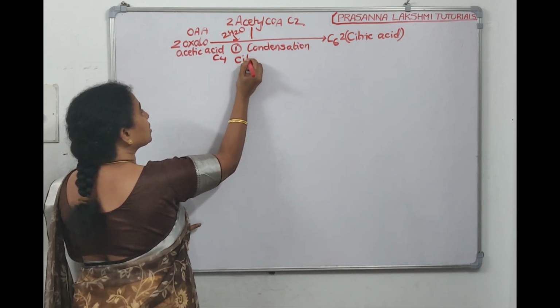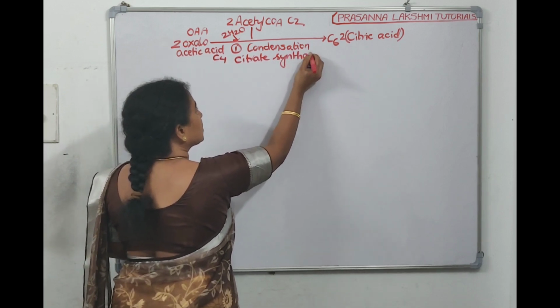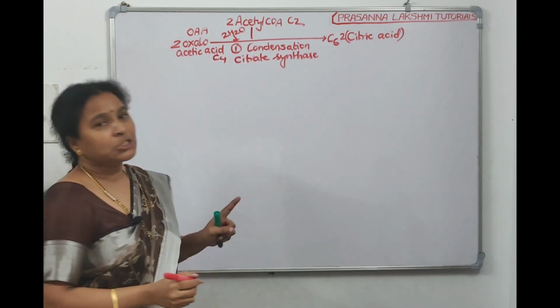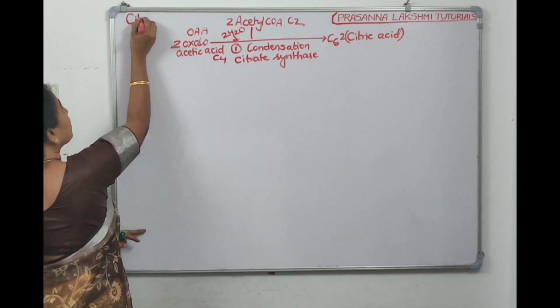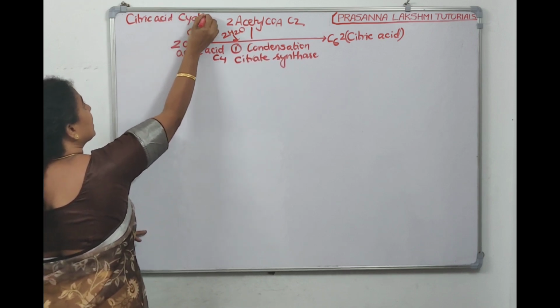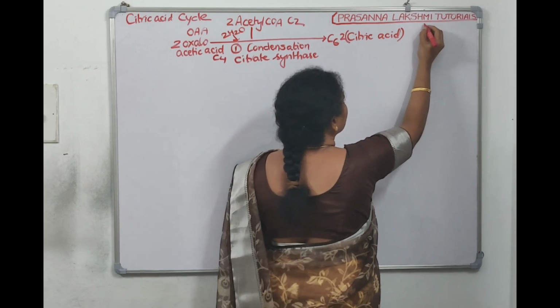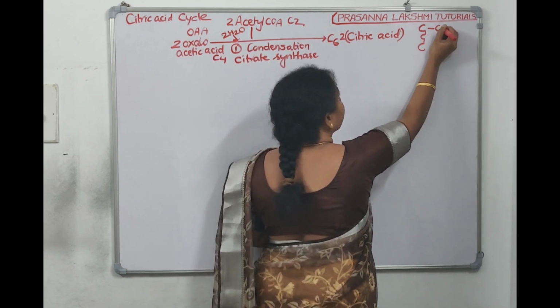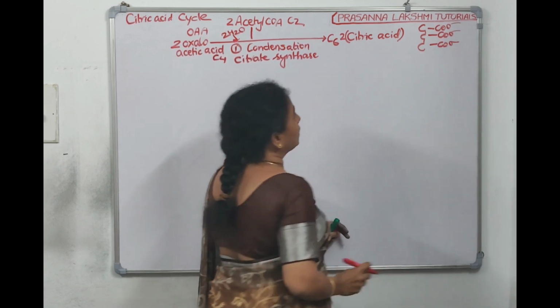The enzyme is called citrate synthase, and since the first product formed in the cycle is citric acid, it is called the citric acid cycle. Citric acid is a 6-carbon compound having 1, 2, 3 carboxylic groups: first carboxylic group, second carboxylic group, third carboxylic group.